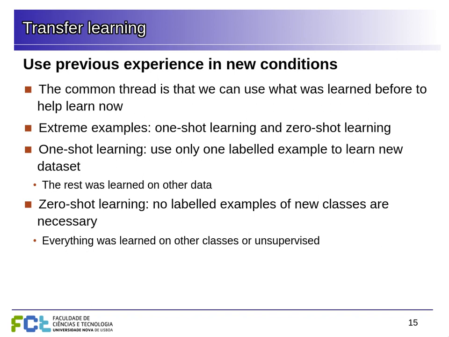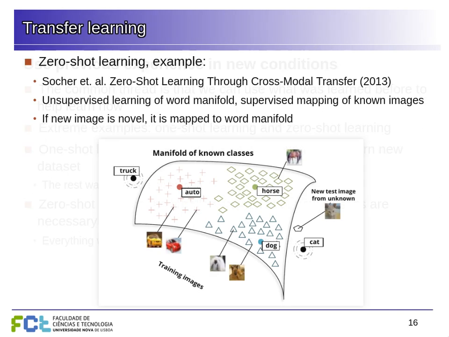This is strange, zero-shot learning, but I can give you an example of this. This is a paper about learning through cross-modal transfer. What we have is, first, on one hand, unsupervised learning for creating a representation of words.